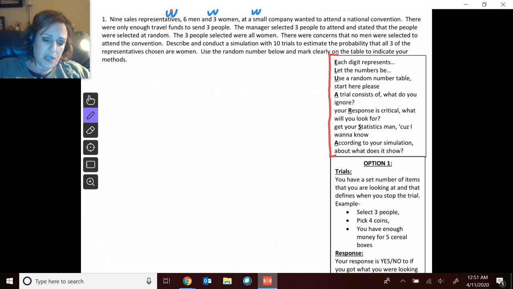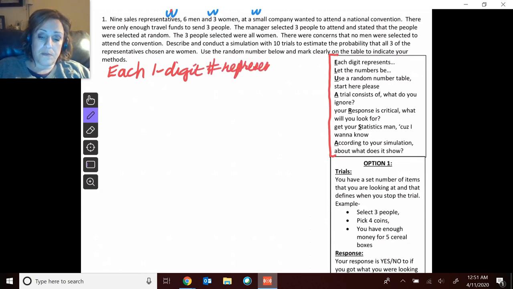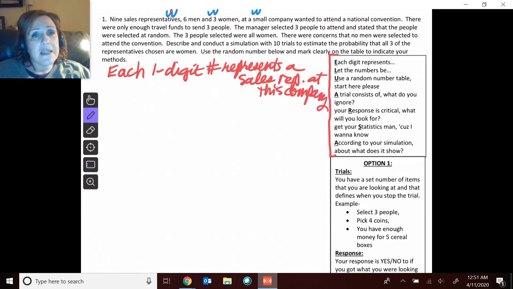So let's do that. Each 1-digit number represents a sales rep at this company. Let's see what we want our numbers to be. What do you want to equal the men?